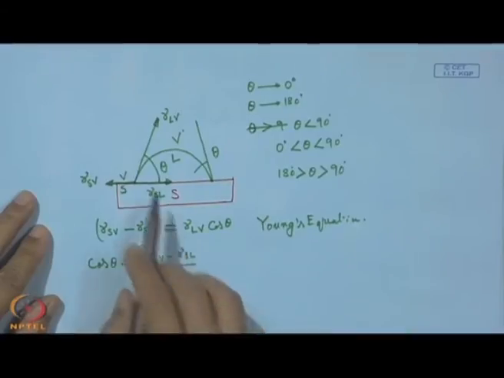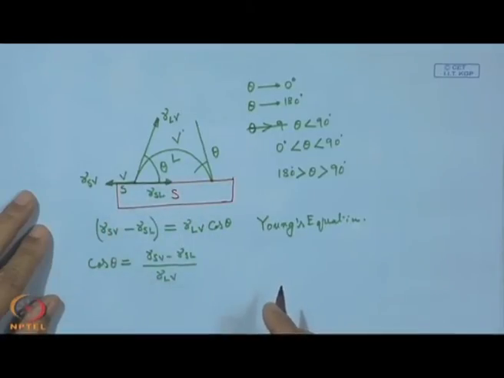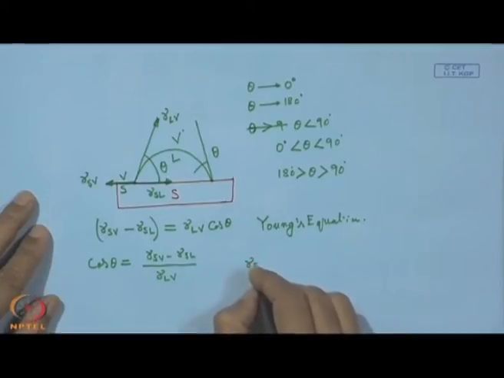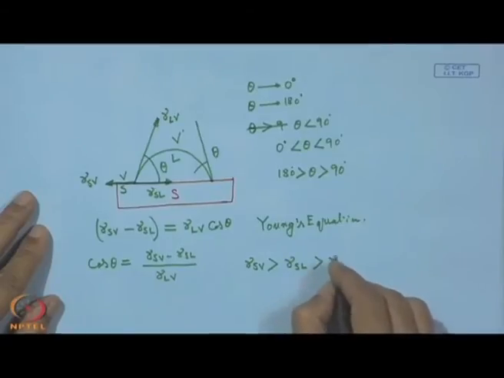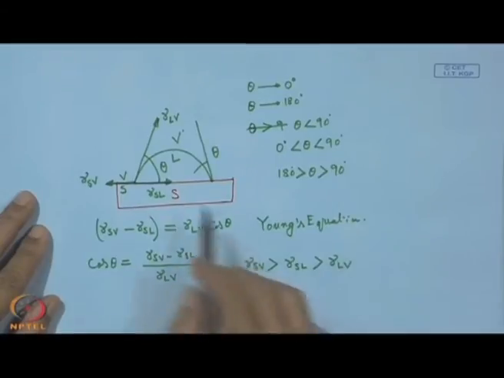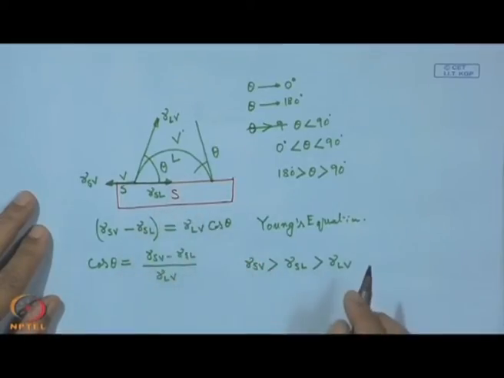So, in this case, when we consider this as a favorable case of wetting, we can write gamma SV is greater than gamma SL, and that is greater than gamma LV.